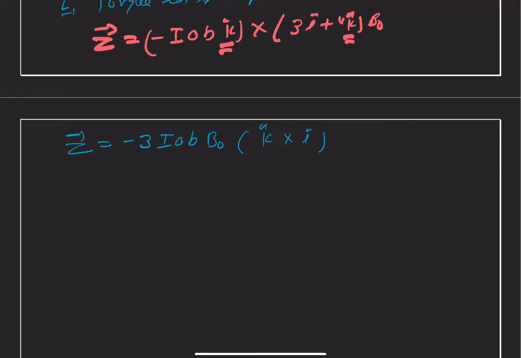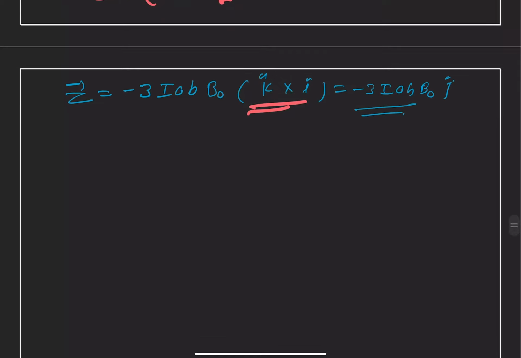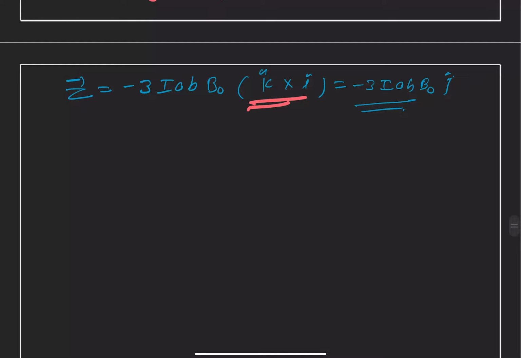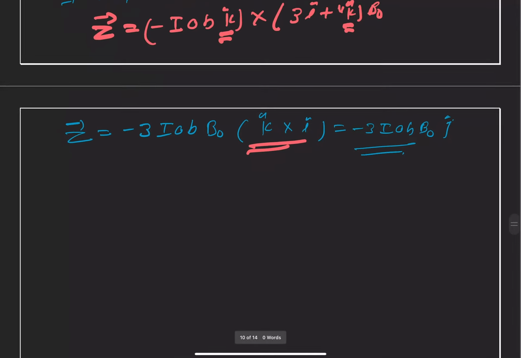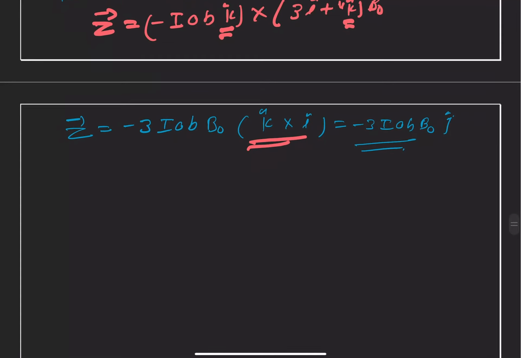So the only thing left is our k unit vector cross I, and this will be equal to minus 3 IAB B naught times the j unit vector.